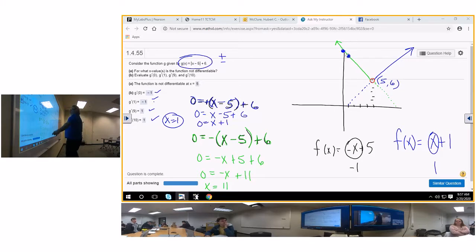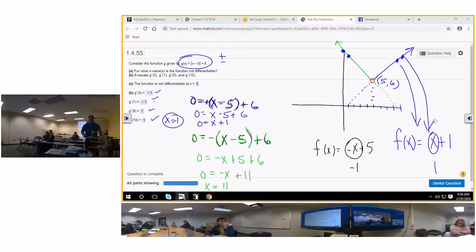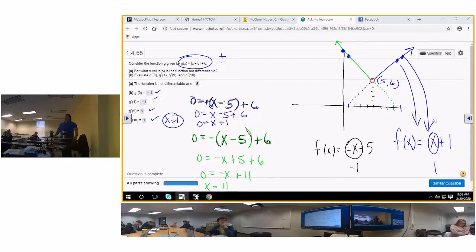And then 9, 6, 5, 6, 7, 8, 9. 9 hits the blue line. And 10 hits the blue line. So that's why you have to use the negative 1 for the first two and the positive 1 for the second two. A good homework question, but not really a good test question because it can be confusing.